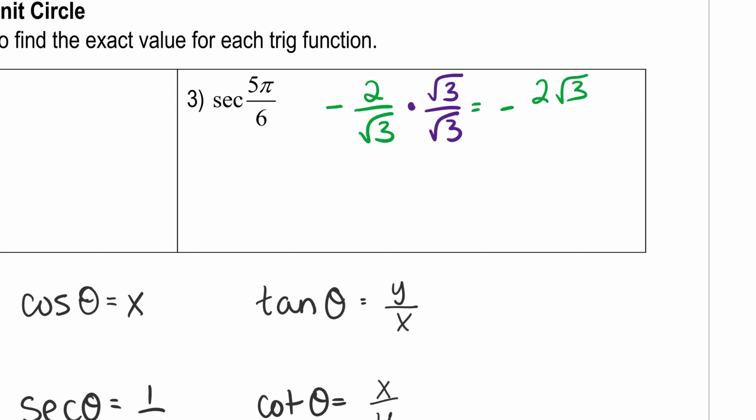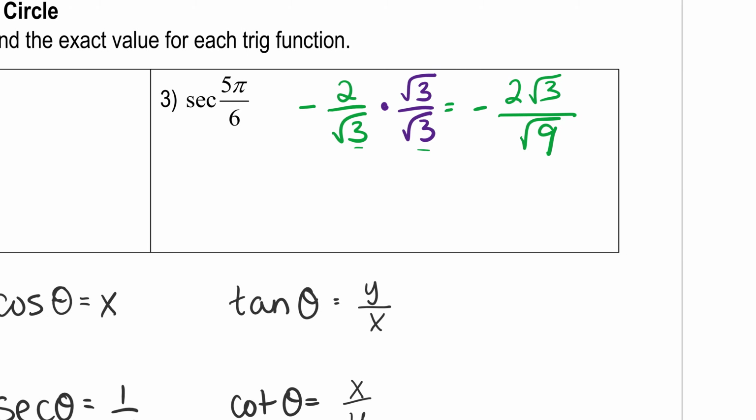Remember, I can't put those together. Over square root of 3 times square root of 3. Because they're both square roots, I can do 3 times 3. I get 9. Now I can reduce that though, because I know square root of 9. So my answer would be negative 2 square root of 3 over 3.